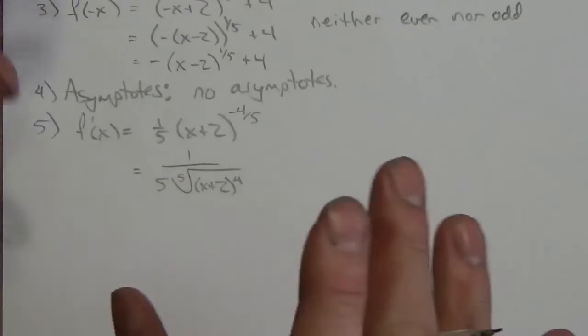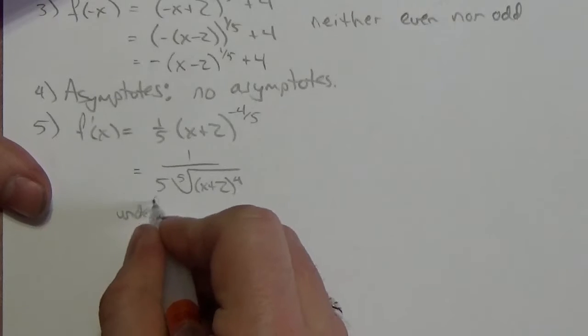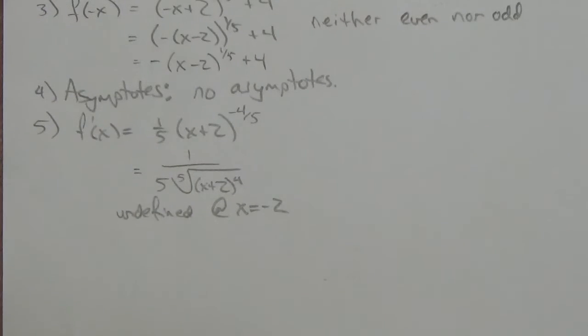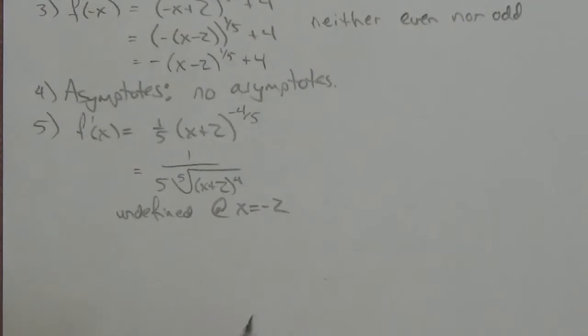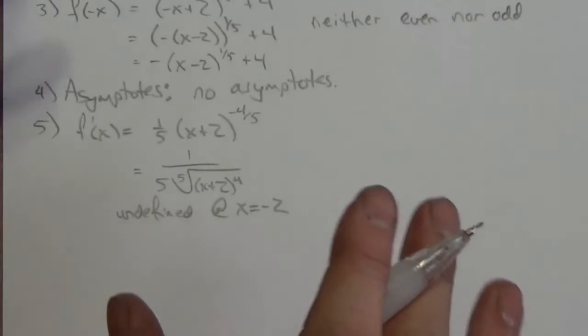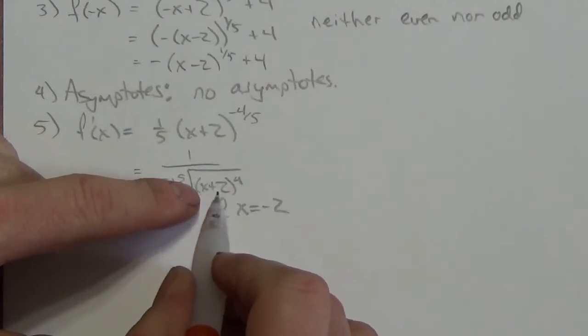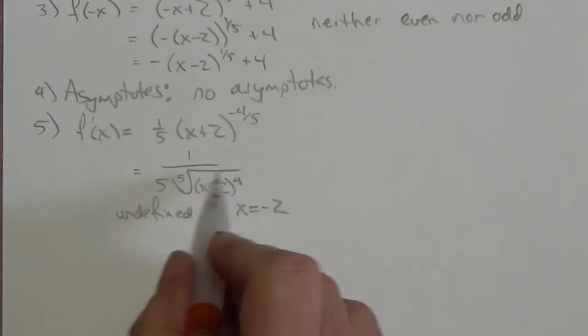Couple of things here. Notice that this is undefined at x equals negative 2. As soon as you let x equal negative 2 here, this is undefined. But no matter what other value you plug into this, other than negative 2, you're going to take it to the 4th power, which will make it positive.